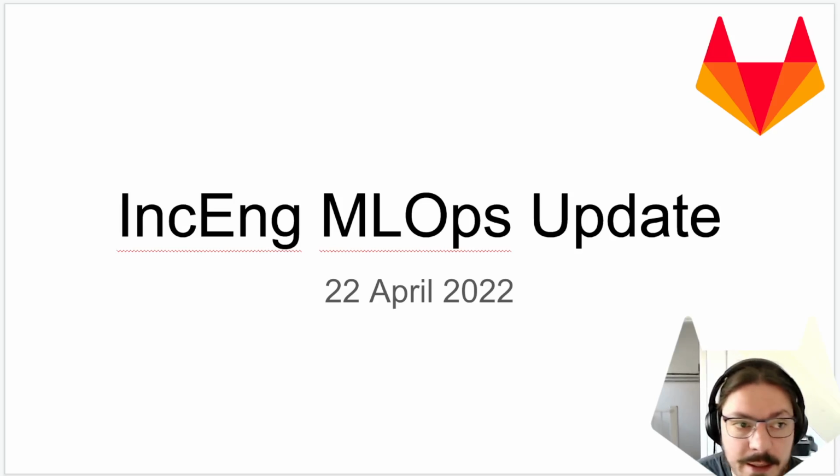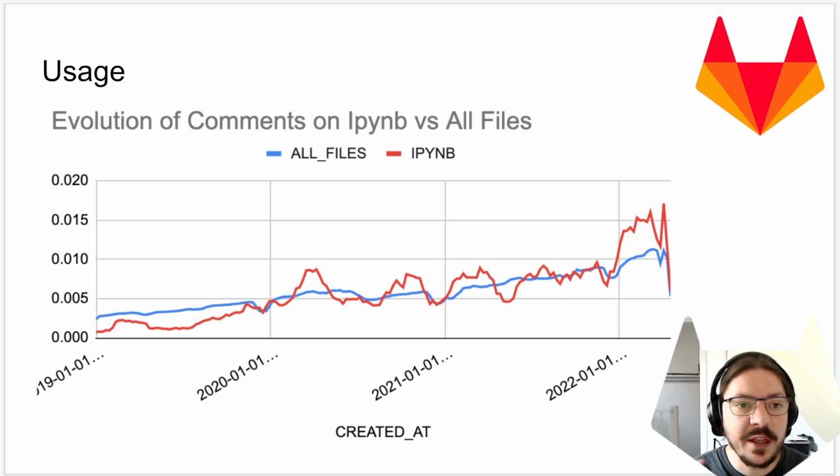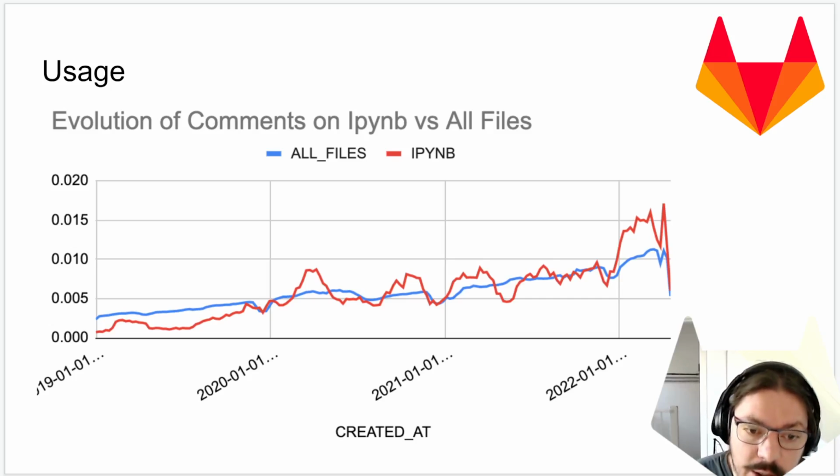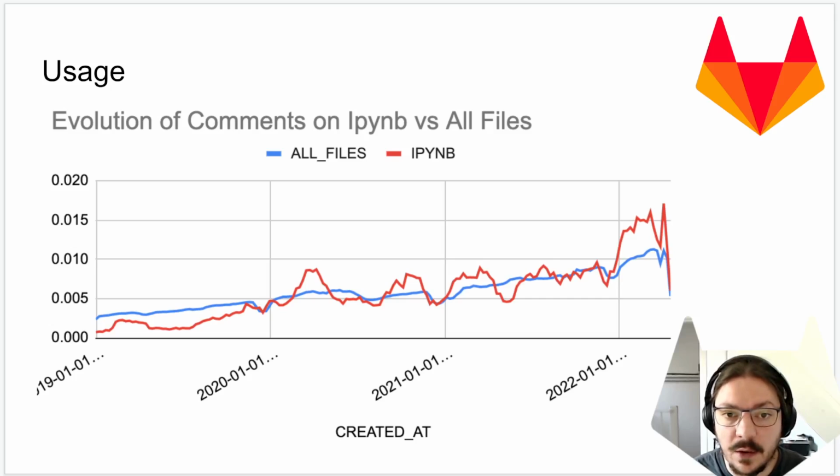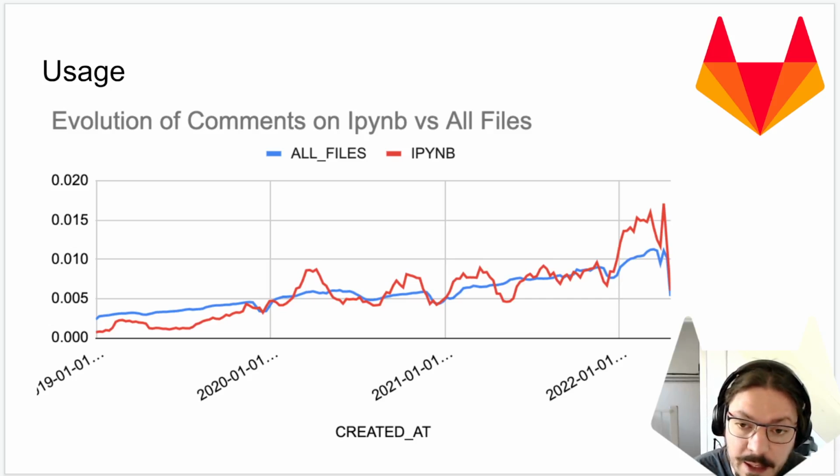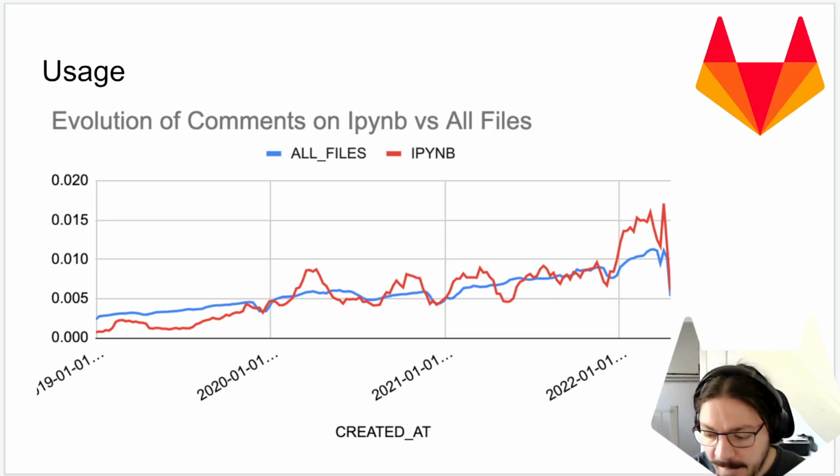Another quick update today. So let's start with usage. Here we see the evolution of comments on Python notebooks, Jupyter notebooks versus alt files. We clearly see a huge growth by the beginning of this year, which it's hard to draw causal relationships, but it's heavily correlated with the release of 14.5 that happened in November.